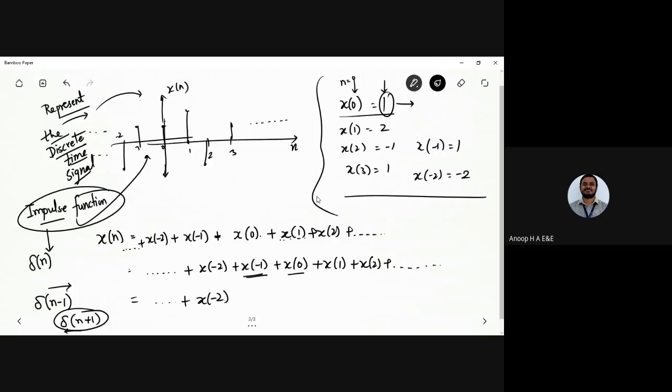I'm just giving you an example. So how can I write it? Delta of n plus 2 plus x of minus 1 delta of n plus 1 plus x of 0 delta of n plus x of 1 delta of n minus 1 plus x of 2 delta of n minus 2 plus, it goes on there.